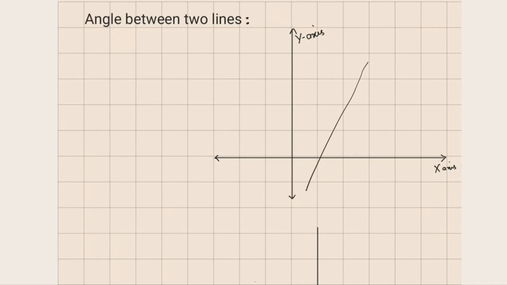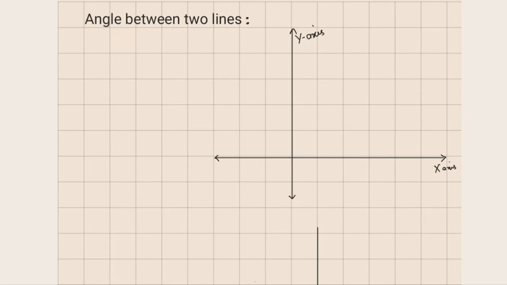Let's say this is a line and this is a line. These two are not parallel, so they intersect at some point. If they don't intersect, then they are parallel lines, where the distance between these two lines at any point is the same.